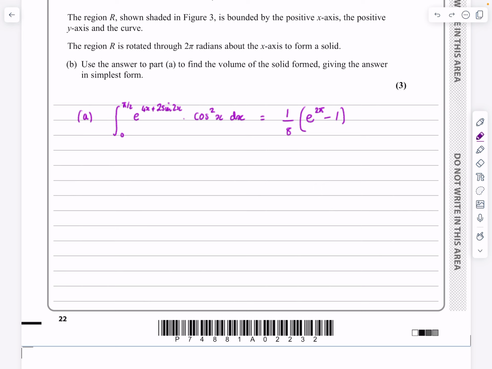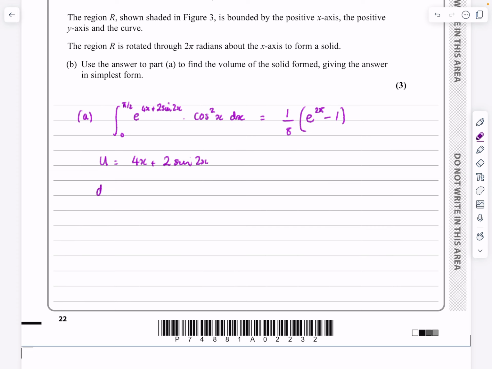So whenever I'm explaining to my students, I always say, start out and actually focus on the dx part here. When I do that dx, I'm hoping in this question that that'll probably get rid of that cos squared, but even if it doesn't, getting dx sorted out first of all will then show me what else I've got to do. So they've told me that the substitution is u equals 4x plus 2 sine 2x.